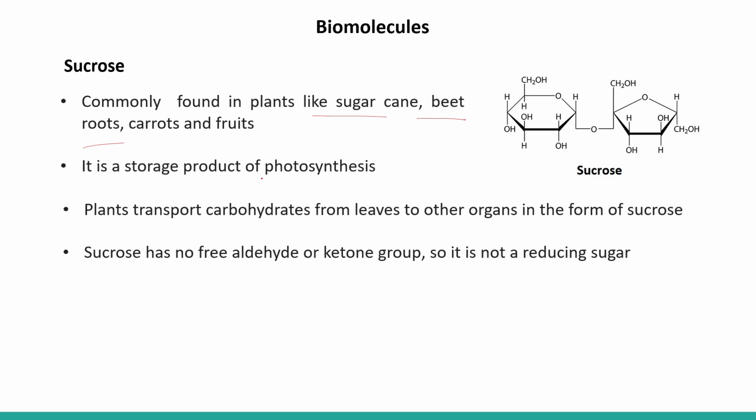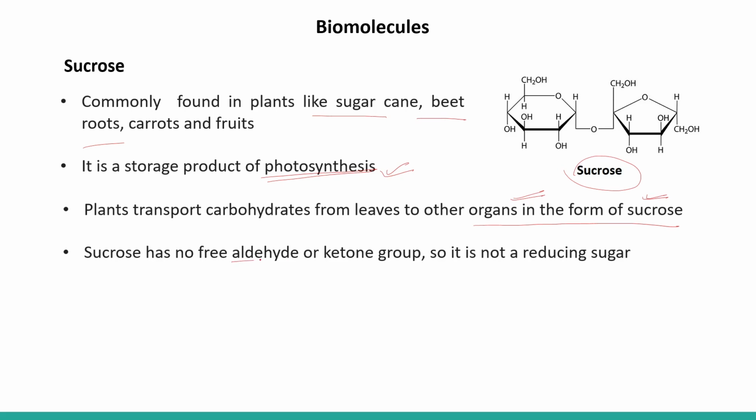It is a storage product of photosynthesis. Plants transport carbohydrate from leaves to other organs in the form of sucrose. So how is glucose transported? Glucose is first converted to an oligosaccharide, this is sucrose, and then it is transported in the plants.